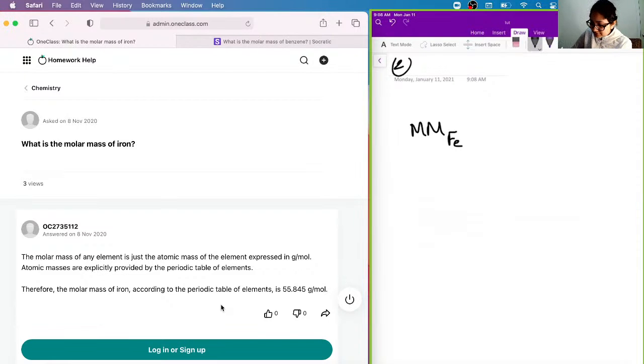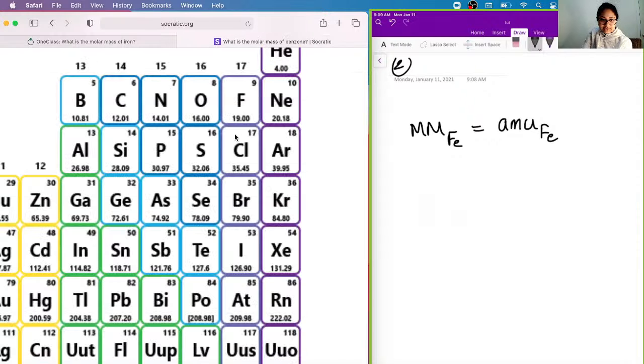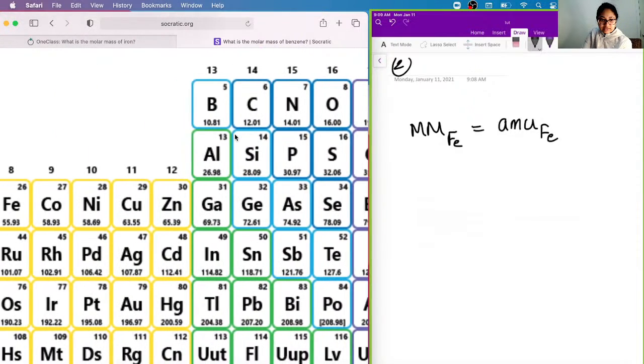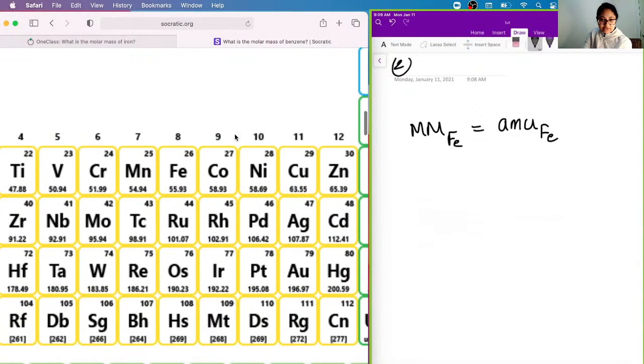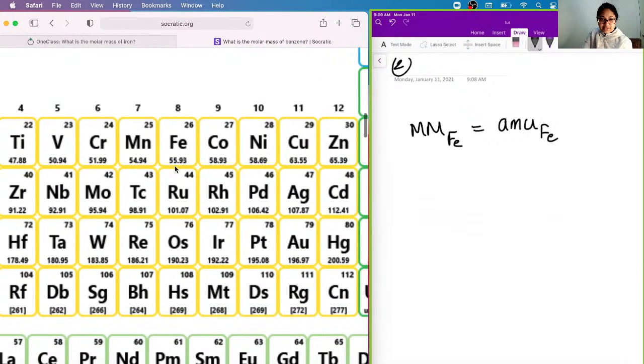So the molar mass of iron, you can say this is basically your atomic mass unit of iron. And so this is actually provided by the periodic table of elements. And if you go to our periodic table over here, we have defined iron. Iron is a transition metal. So you can see it's right here, and it has a molar mass of 55.93.